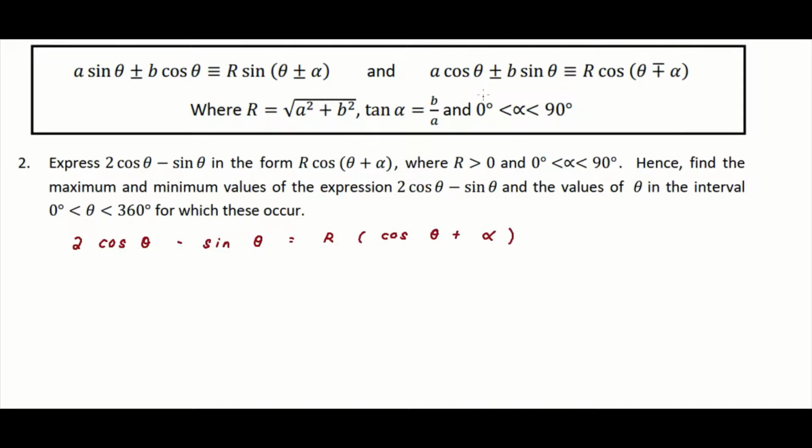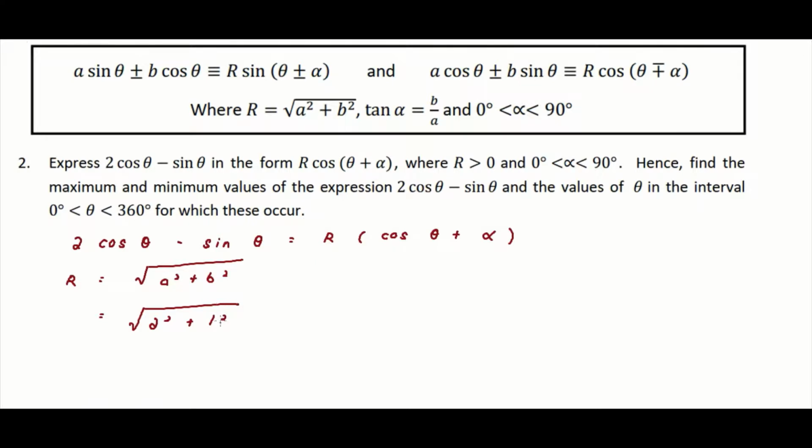So you see that a cos theta minus b sine theta equals r cos theta plus alpha. So I can straight away say r equals square root of a squared plus b squared, where my a will be 2 squared plus b will be 1.